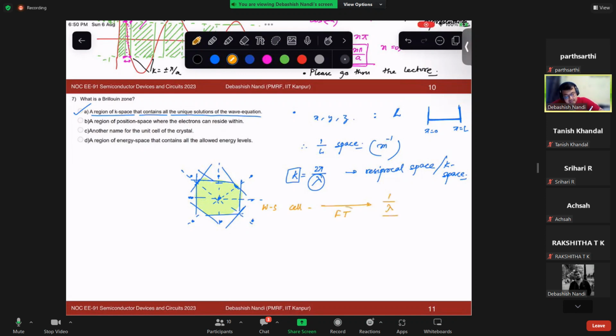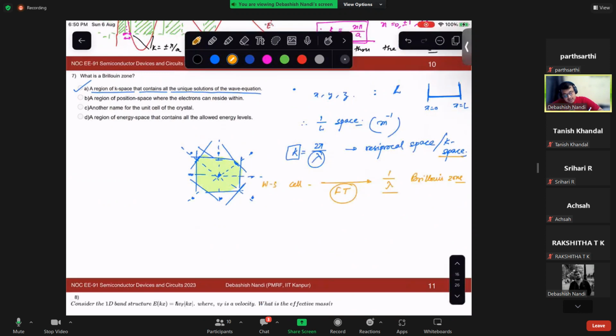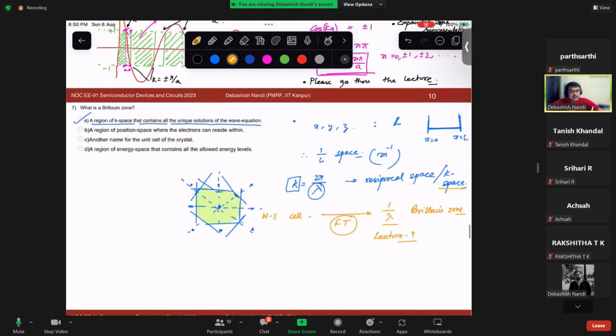That space translating into the K space will give you the Brillouin zone. This is the same stuff whatever has been discussed here. I am not going into detail due to the time constraint. Please see lecture number 9, and you will get an idea of what the Brillouin zone is.